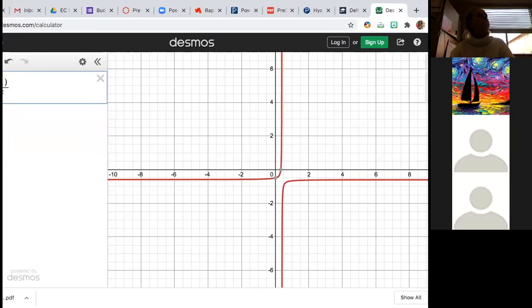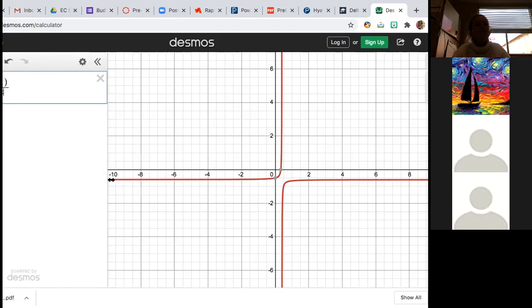Could you find the domain and range? Can we find increasing, decreasing? Sure, so I'm just gonna talk about it. We'll write it in a second.